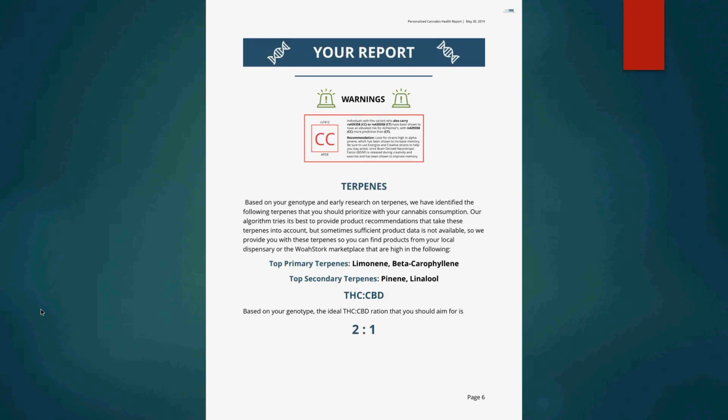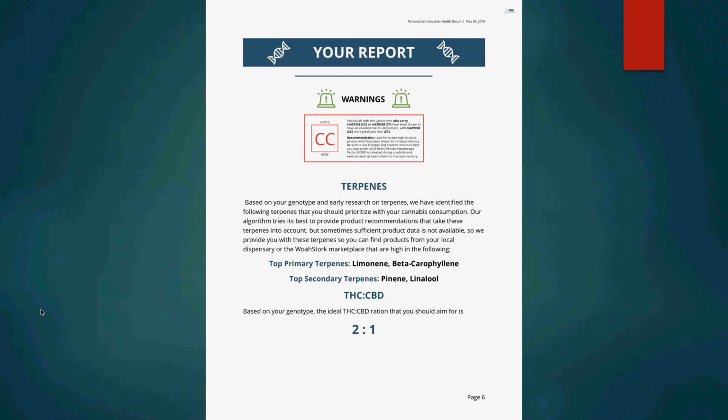So here's the thing. Here's the kit. This is the reason why it's $249. Because it's going to tell you what you need to know. People spend thousands of dollars a year on cannabis products, and a lot of them spend that much because they're seeking the one that will work for them, because some of them don't just give up. They keep trying and trying and trying.